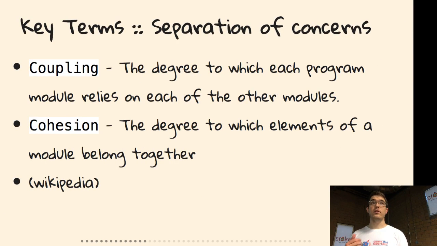If you watch that talk, two things that he mentions are coupling and cohesion. These are actually the definitions from Wikipedia. Coupling is how much your different components are reliant on one another, meaning if you make a change somewhere, will that break something else?